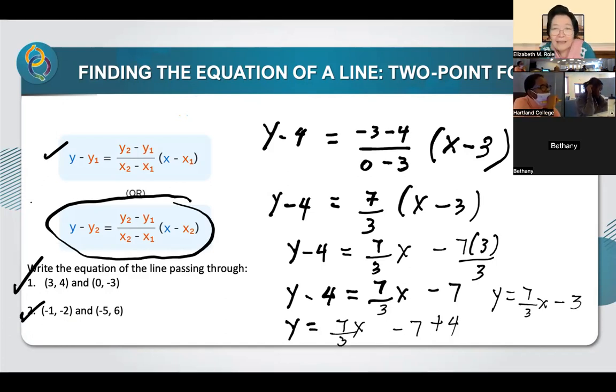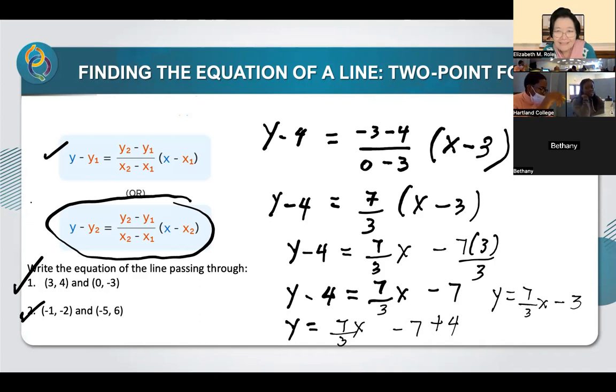I have a question. Yes? For me, I was going to say, okay, 7 over 3 times what is in the bracket, like 7 over 3x, and then 7 over 3 times minus 3, which is going to be minus 7. Then I transfer the 4 to the other side, so it will be minus 7 plus 4.